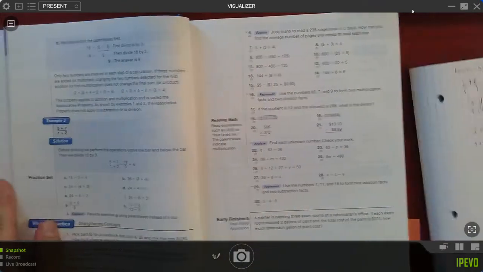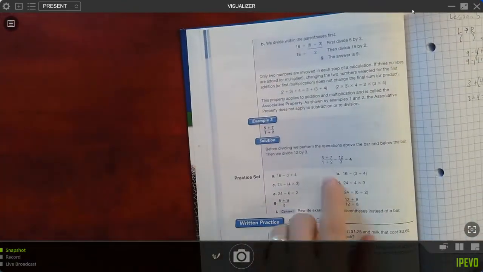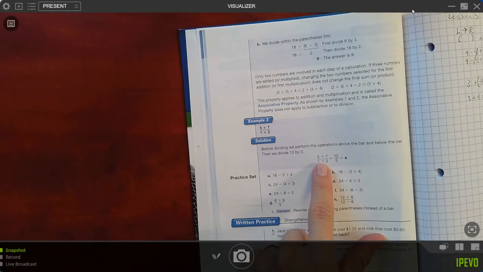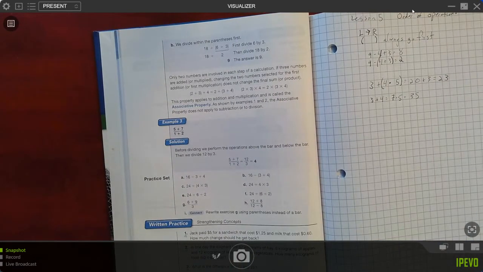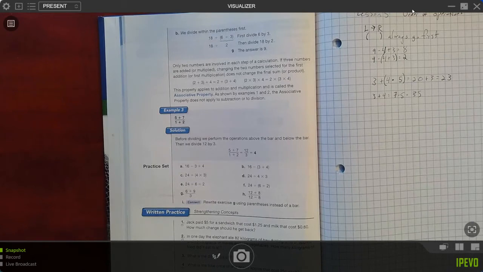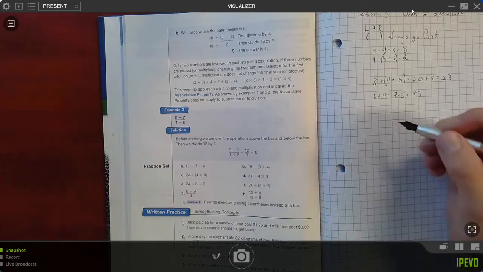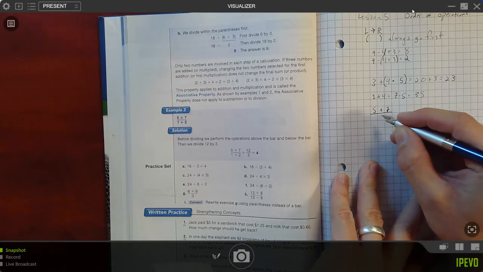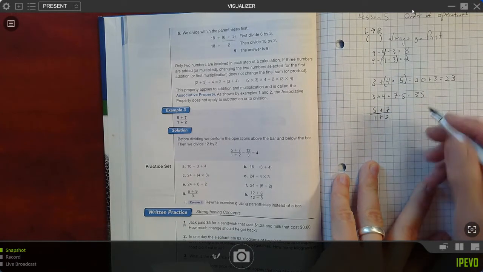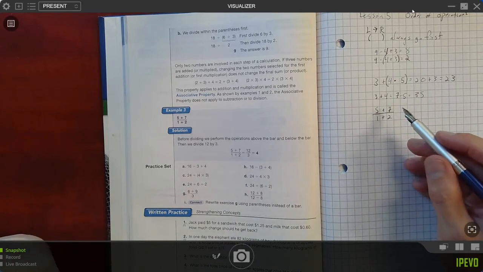So if I am looking at my example here, it tells us that the 5 plus 7, okay, that bar, 5 plus 7 over 1 plus 2. The good news is you're not going to try and do division here.